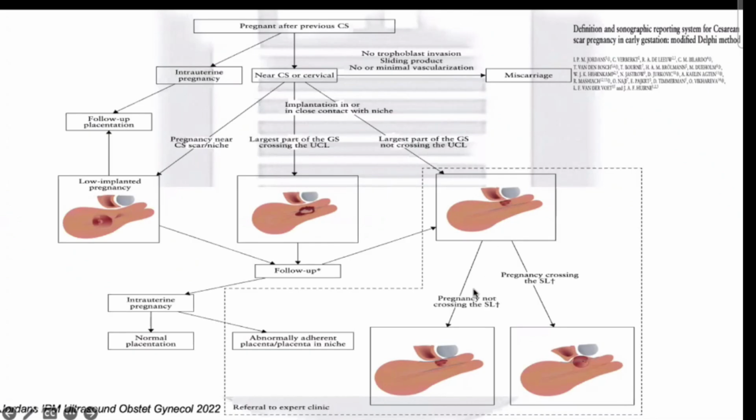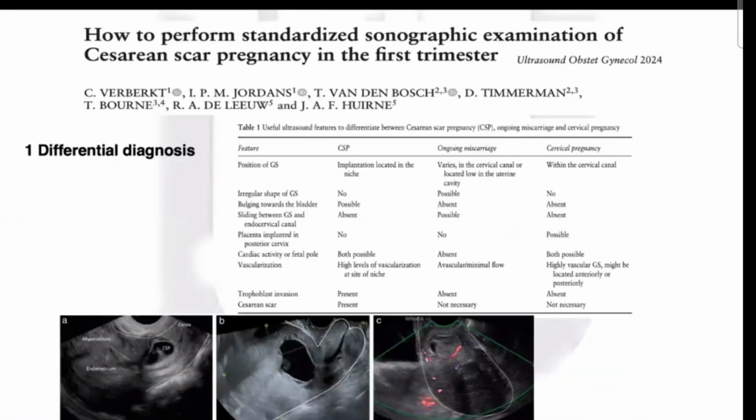And then it is also very important to understand if it's crossing or not the serosal line, because these are much higher risk pregnancies for the scar. So a good diagnosis can really give us an impact on what is a higher risk and what is a lower risk. And therefore, these are the steps that we have to make.